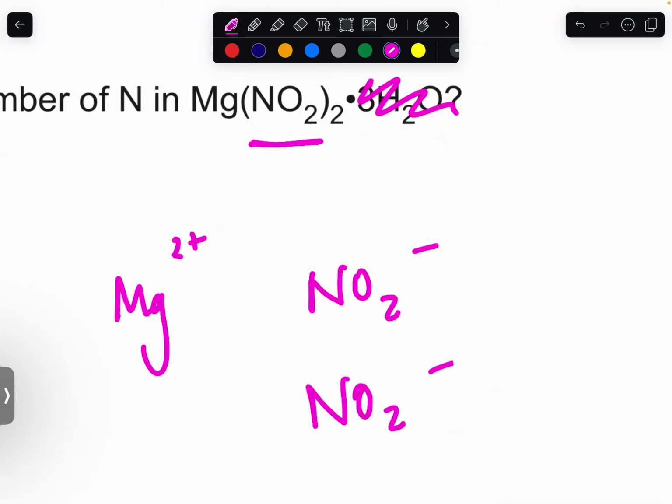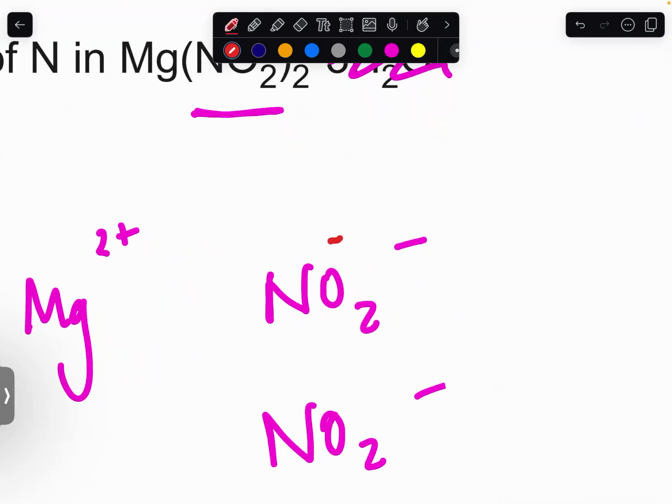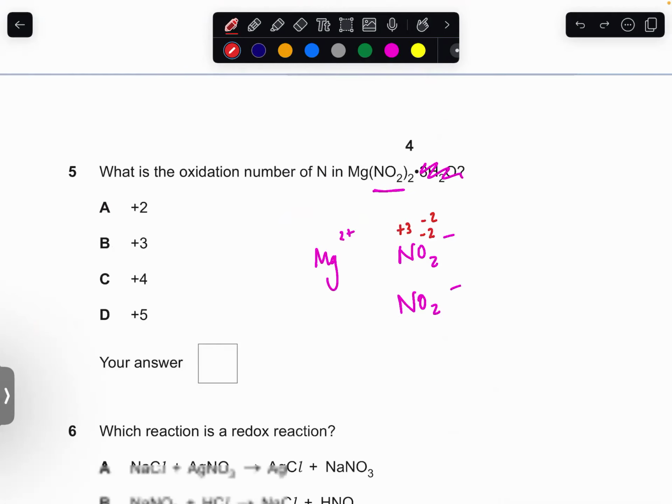If you break it down, each oxygen is -2. That means nitrogen must be +3 for the overall charge to be -1. So it will be +3, 5B, and that's correct.